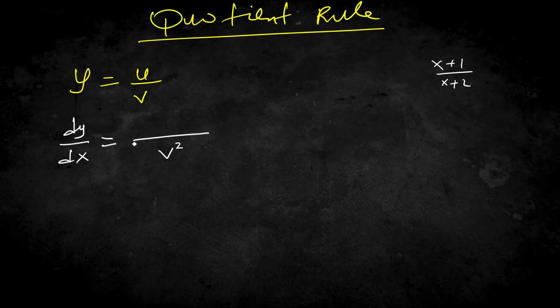When we finish, bring it here and find the derivative of the top one, du/dx, minus, this time keep the top one, then find the derivative of the bottom, dv/dx. So that's that. Now let's solve the following examples.